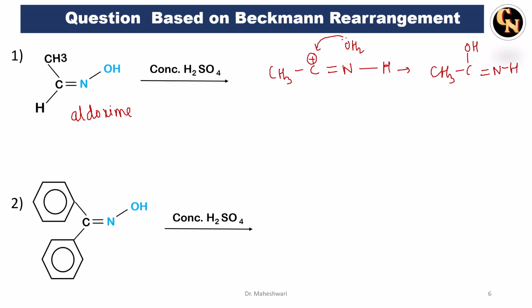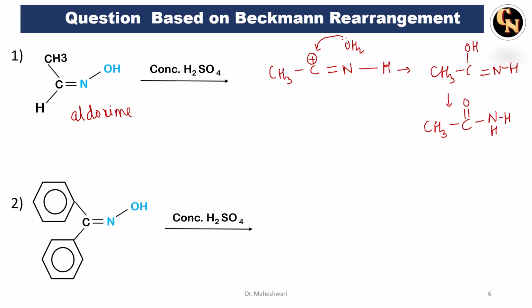Okay, and at last you can convert this to CH3 C double bond O NH and H. So you are going to get an amide, that is CH3 C double bond O NH2. So this is how you can use your Beckmann rearrangement and proceed.